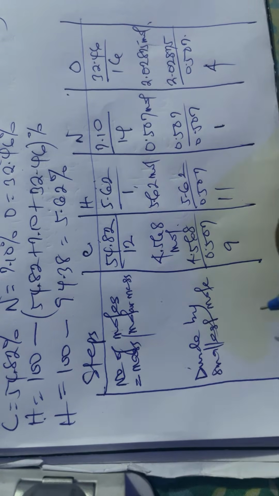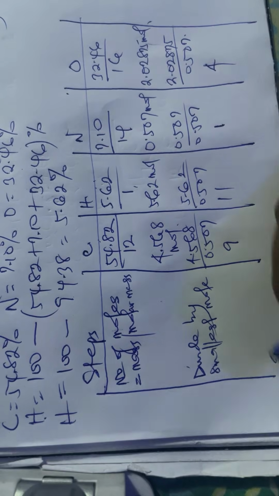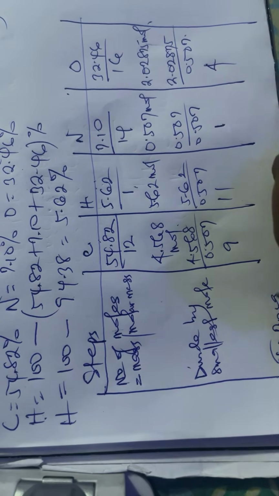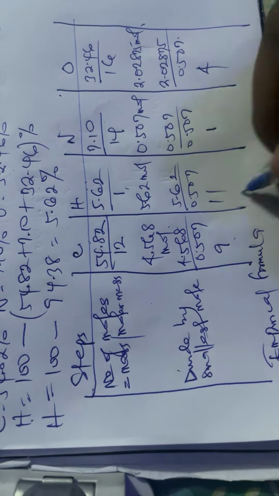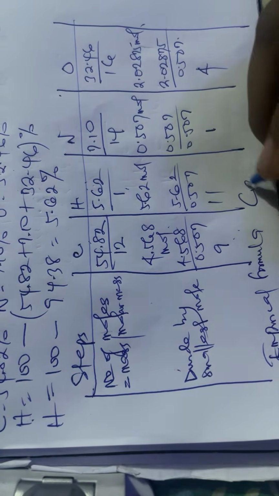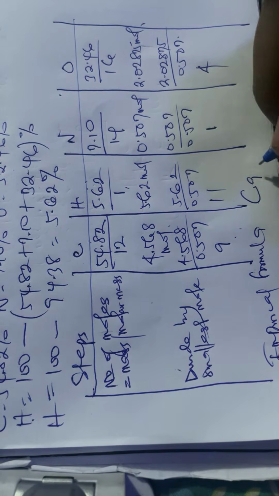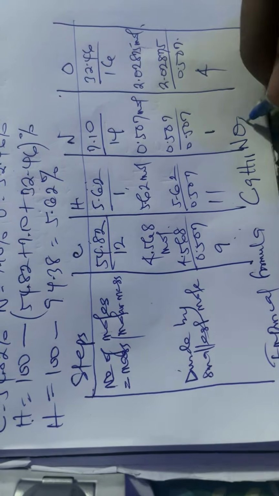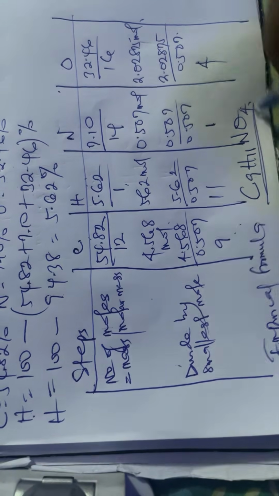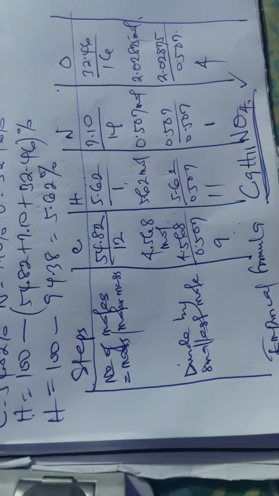So the empirical formula would be C9, hydrogen is next, H11, nitrogen is next, N, then O4. So this is the empirical formula of the compound.